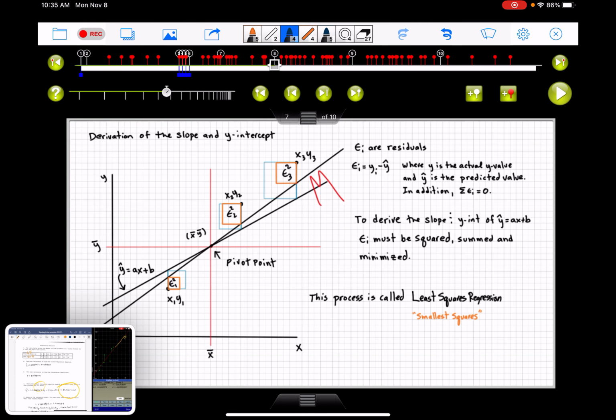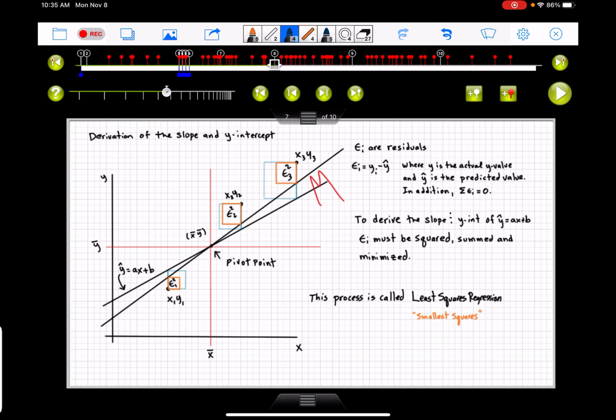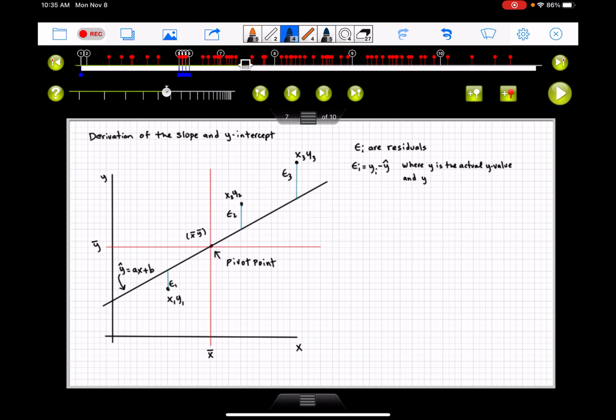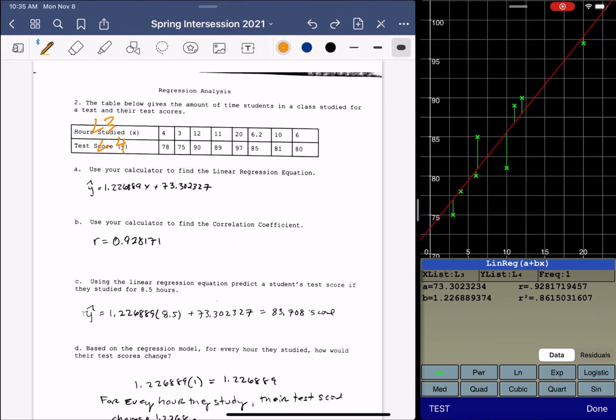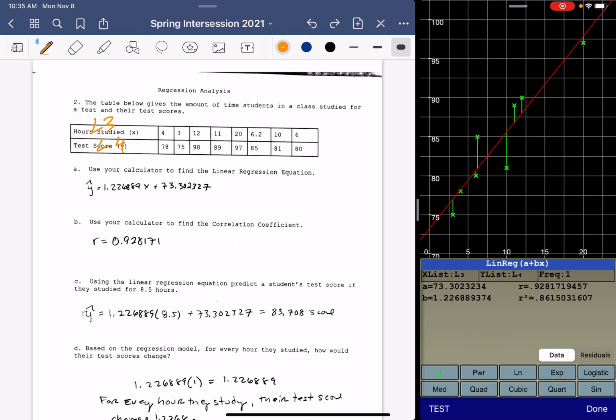This was the thing that we were talking about, residuals. Remember these things right here. So the calculator is also doing that for us as well. And based on those residuals, and based on the minimization of the residuals, which you don't have to do, but when you take some calculus, it gives us the alternative forms that we need to calculate A and B.